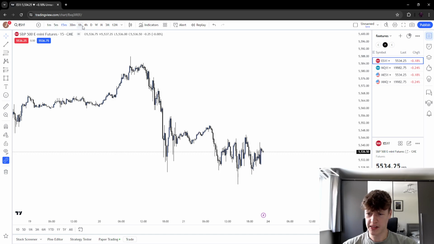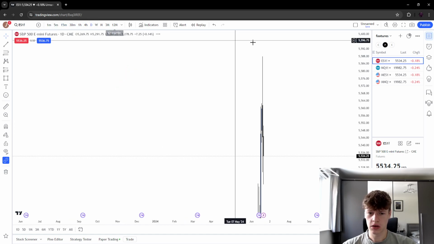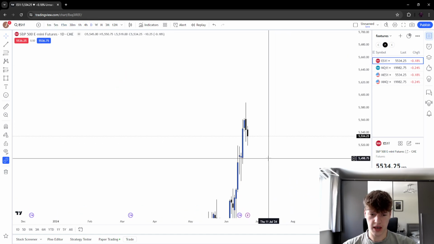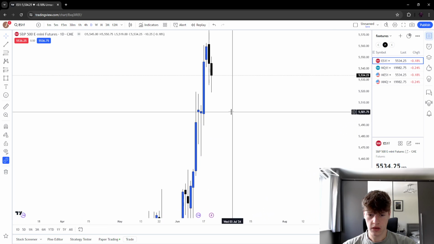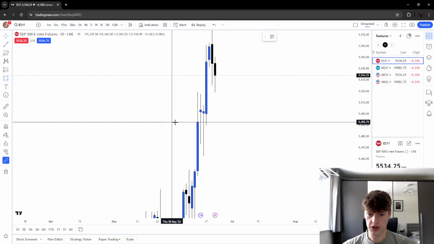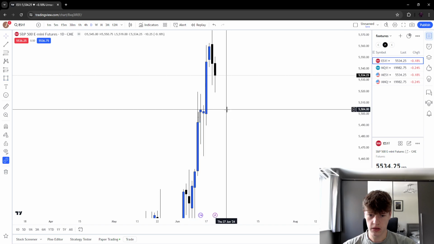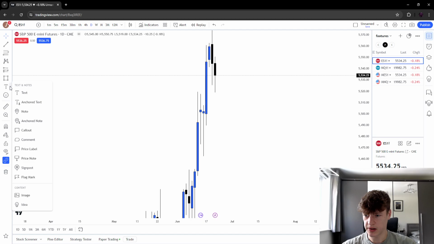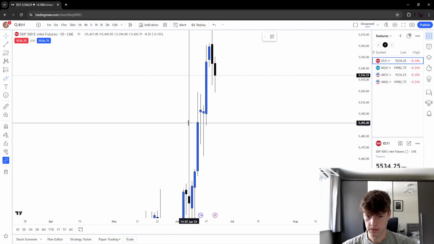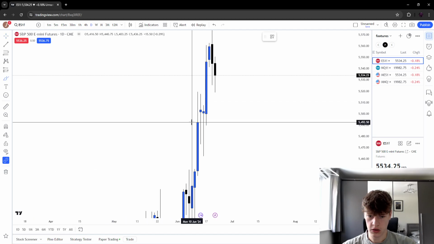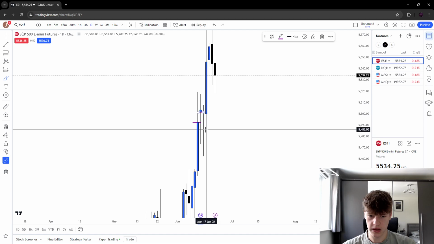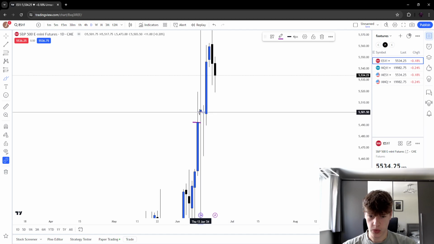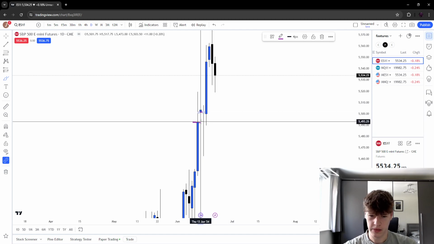Another form of imbalance can be gaps. So you see here a daily gap, for example, price closed here and opened here. That is a gap, an imbalance, because it closed for the day there and new day open there. And as you can see by these wicks, instantly we filled that gap.